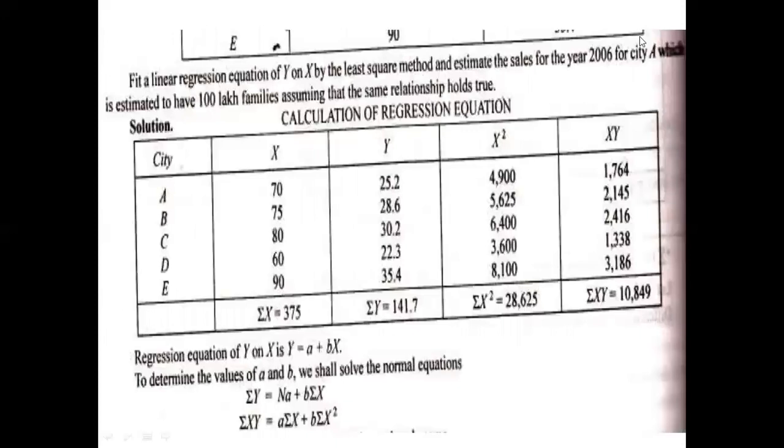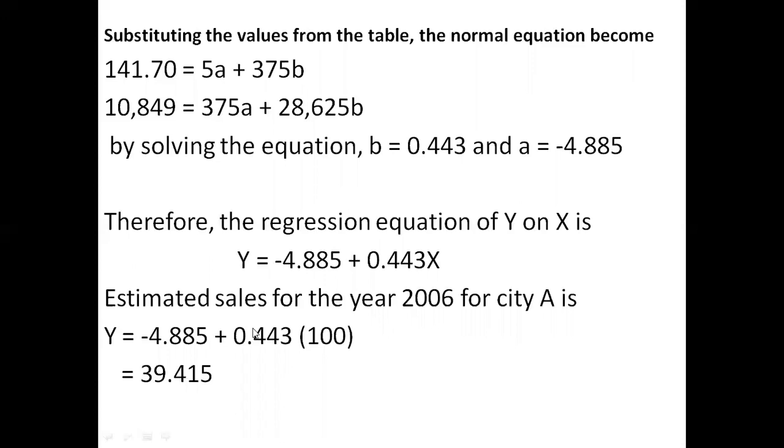As we can see in the question, the value is given. So in place of x, we will put the given figure, which is 100. If we solve it, we will get the value 39.415. So that is the prediction for those 100 lakh families which we were supposed to calculate.